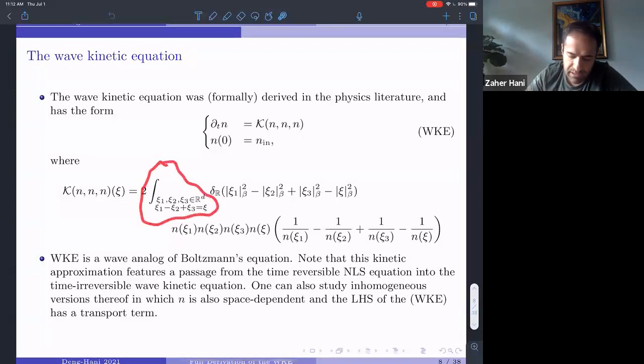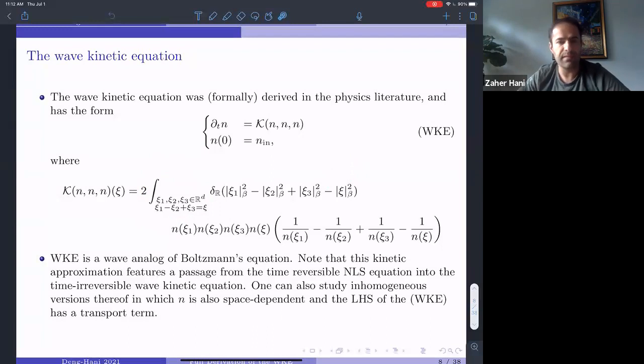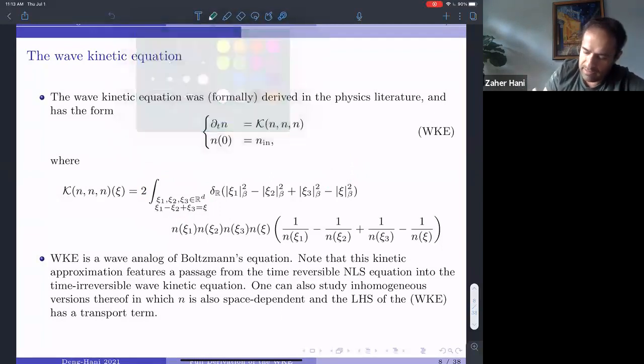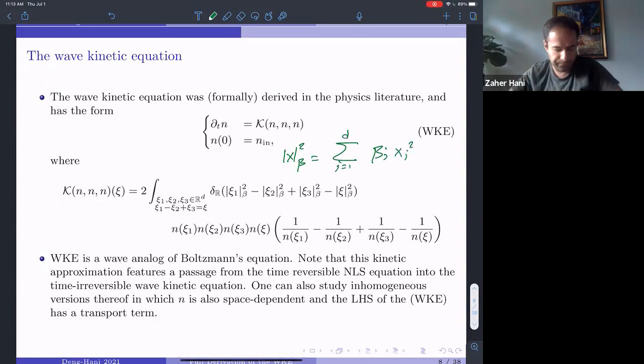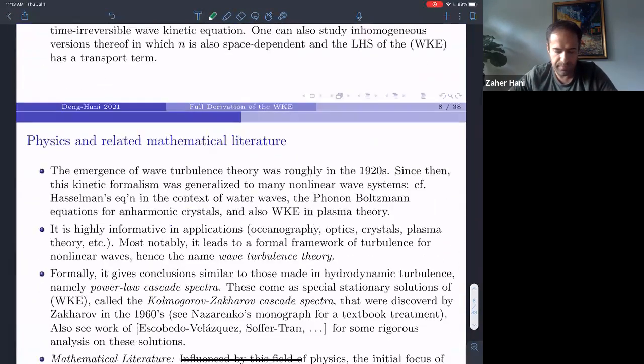The region of integration is the following: you integrate over k1 minus k2 plus k3 equal to k, but you also are integrating over this variety, if you like, defined by k1 squared minus k2 squared plus k3 squared minus k squared equals 0. Here again, this is something that I did not define last time. When I say absolute value sub beta of x, we mean the sum of beta_j x_j squared, j from 1 to d, and this is because we twisted the Laplacian. So this is the wave analog of the Boltzmann equation.